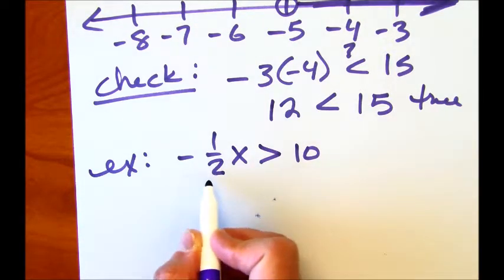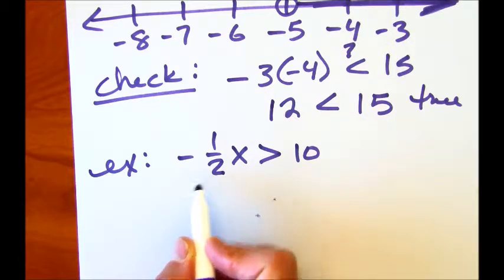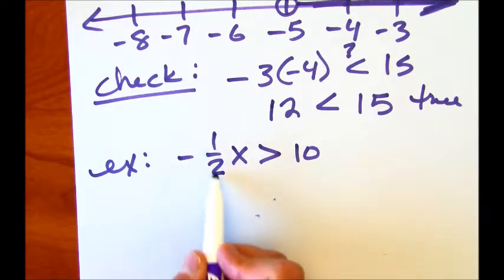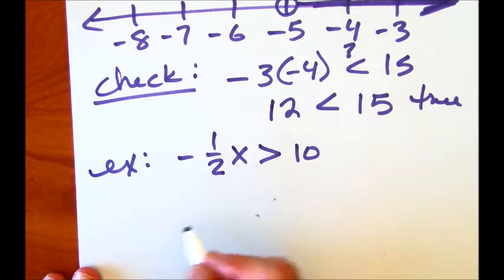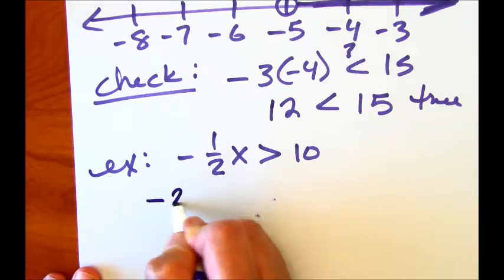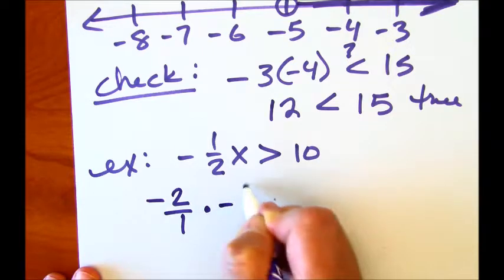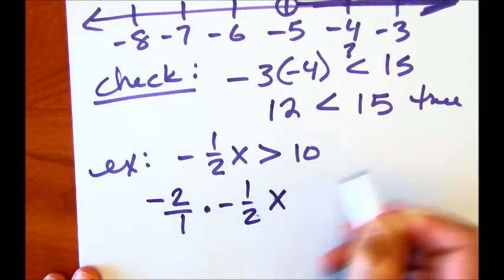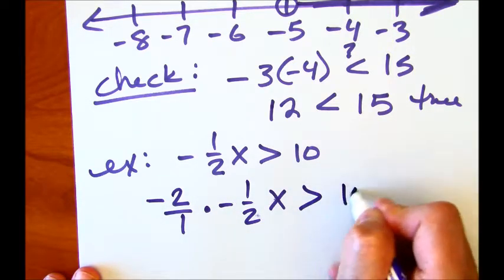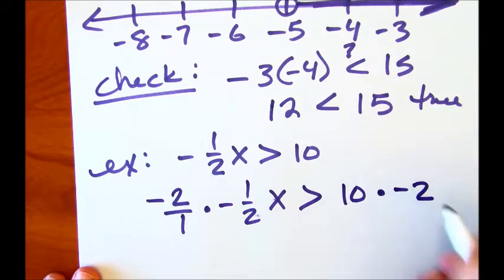So basically I'm multiplying by 2. But again, this is a negative 1/2, so I might as well multiply it by a negative 2. So negative 2, or 2 over 1, times negative 1/2 x is greater than 10 times negative 2.